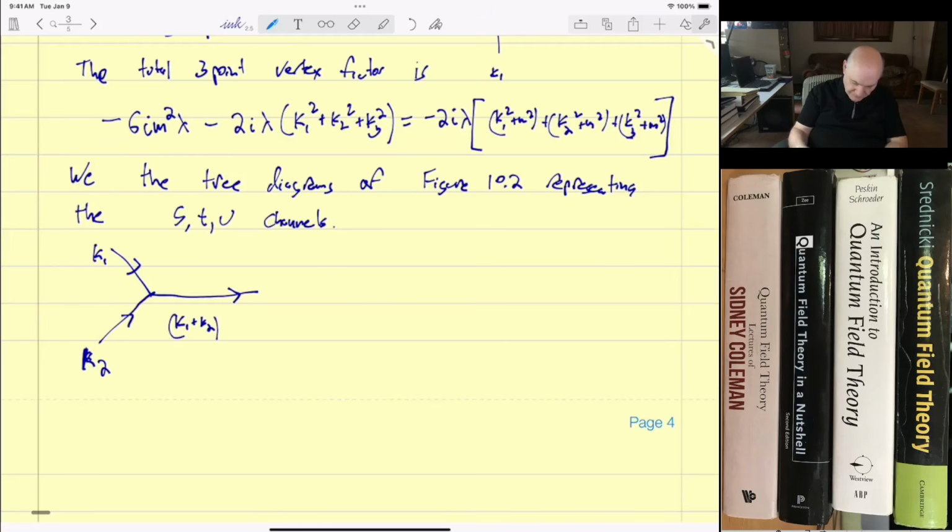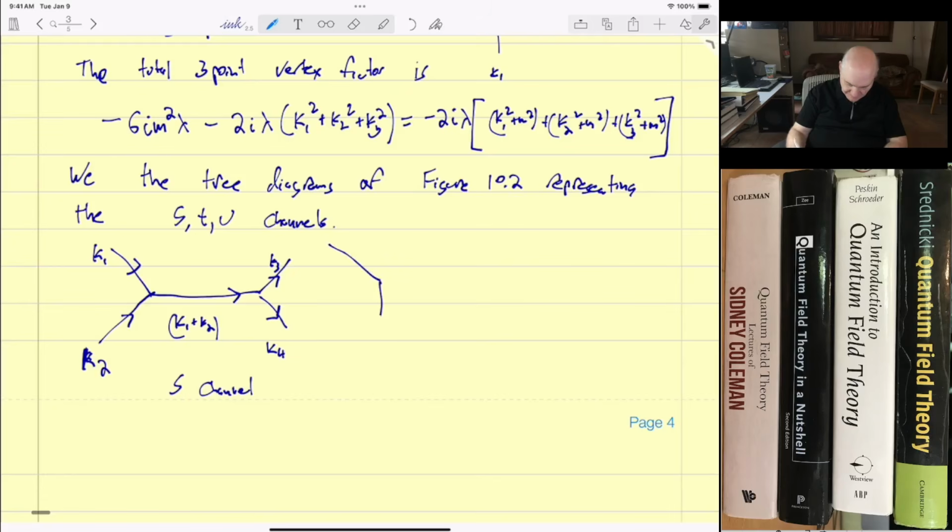Now, I said before that we have all the momentum incoming, but it doesn't matter, because even if I were to write this as minus K1 plus K2, when I square it for the amplitude, I'm just going to get the same thing, so it doesn't matter. So this is the S channel tree diagram.